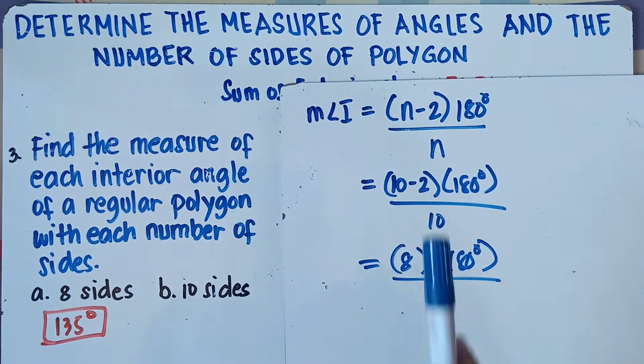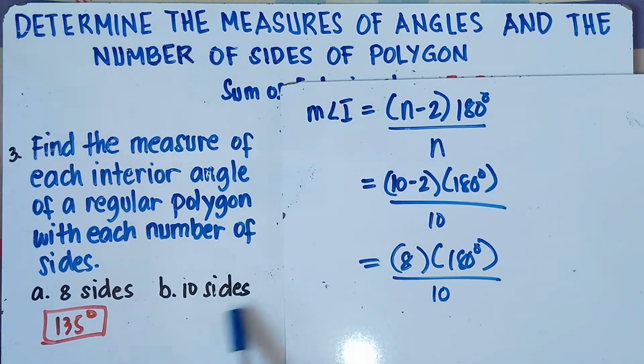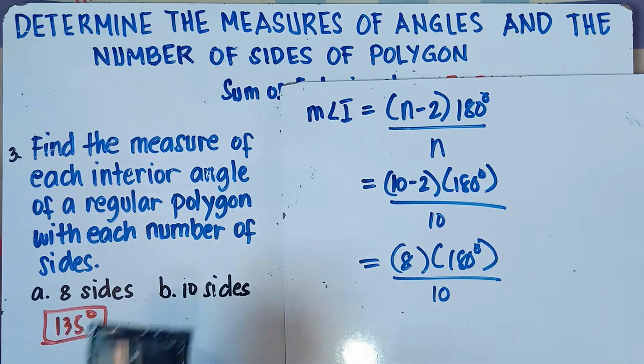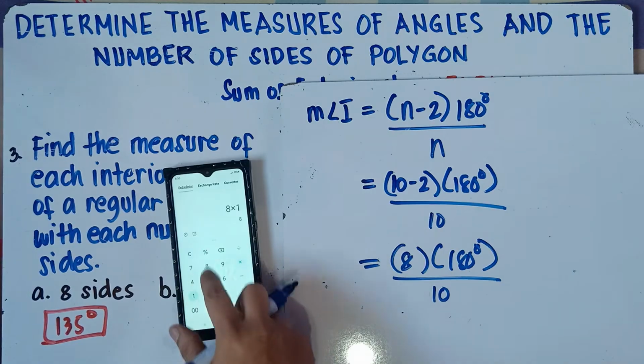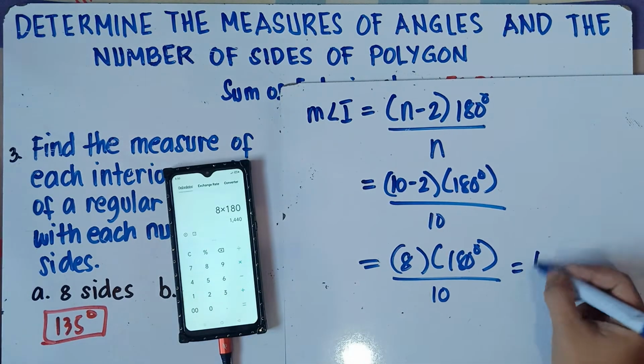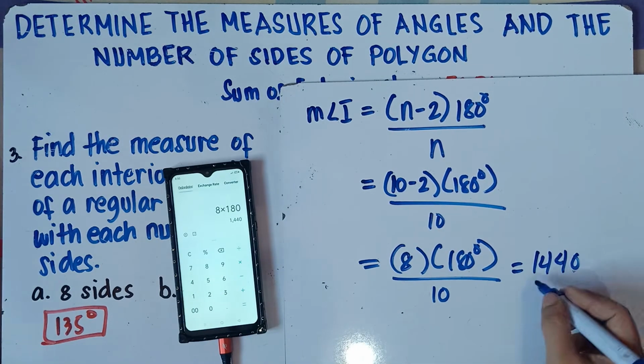Once again, class, where did I get 10? That would be 10 for the number of sides. So we're looking for the measure of each interior angle of a regular decagon. So 8 times 180, use your calculator to solve for this one. 8 times 180 is 1,440.